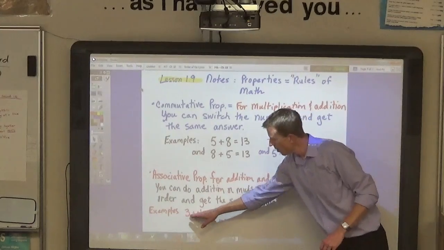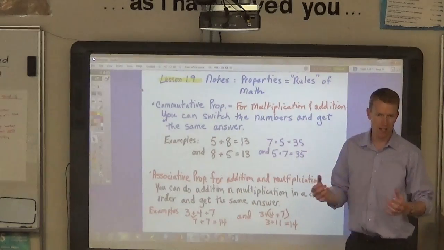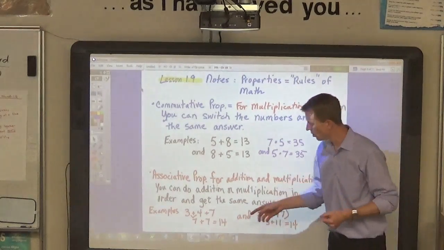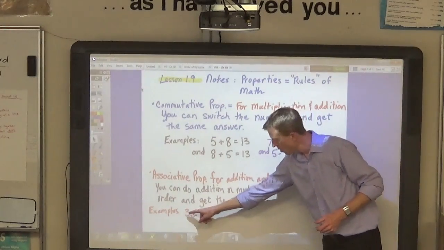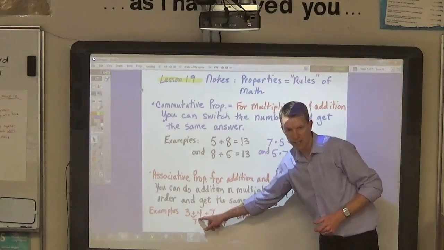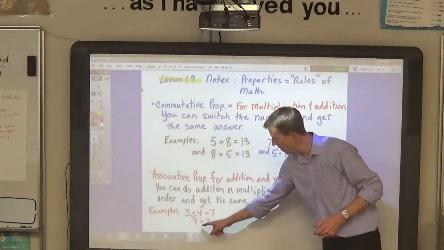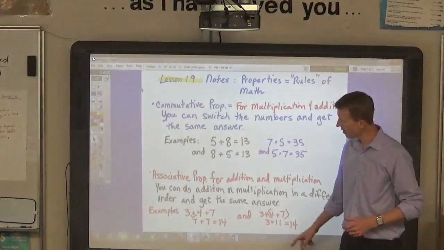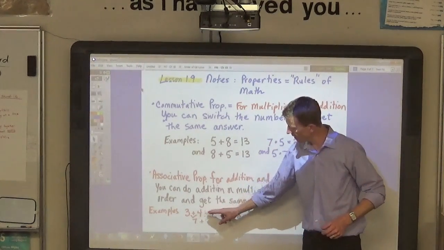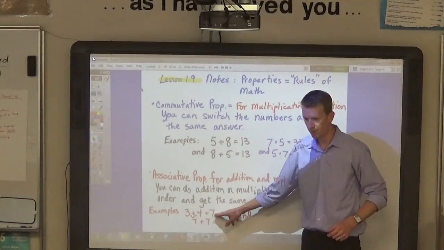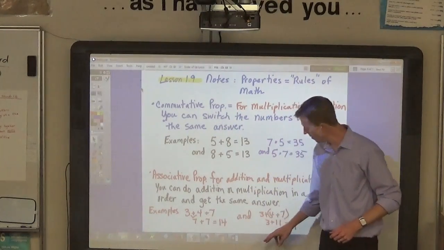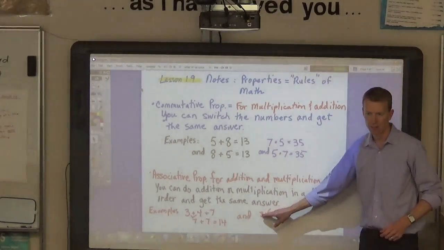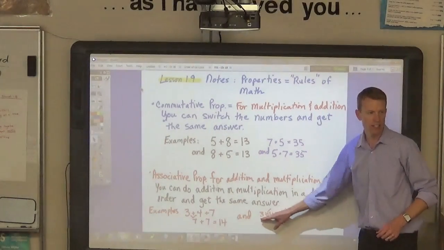So, the order of operations doesn't apply because it's all the same. It's all addition. And so, we could either do 3 plus 4 first and get 7, and then add the last number 7 to get 14. Or we could decide, you know what, I would rather add 7 plus 4 first. 7 plus 4 is 11 over here, and then go back and add the 3. That's using the associative property.